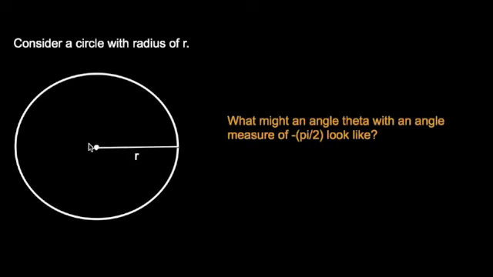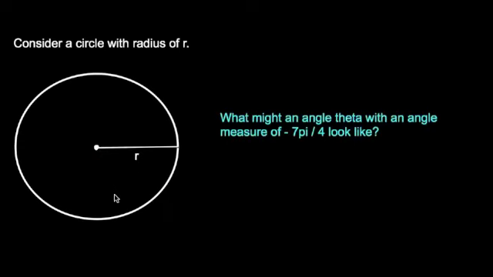Well, when we're dealing with negative angles, we start here, and we go down. And we saw that pi over 2 radians looked like a 90-degree angle. And guess what? Negative pi over 2 radians looks like the opposite 90-degree angle when we go down from that horizontal line.